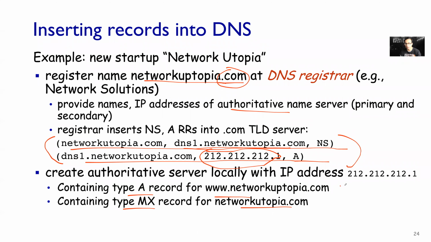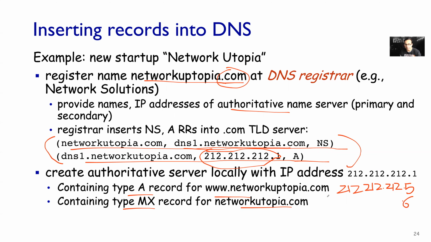So for the sake of simplicity, let's just say you're hosting your web server at 212.212.212.5. Now, mind you, it could very well be on the same machine, but that just confuses people, so I'm just going to use a different IP. And then let's say for your mail server, you have a .6, right?